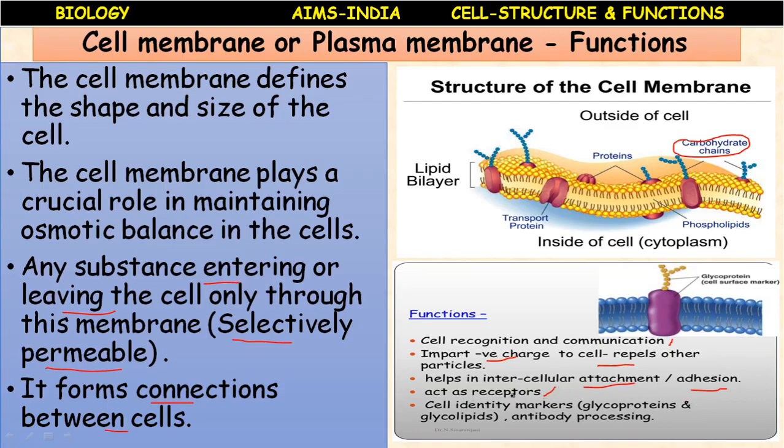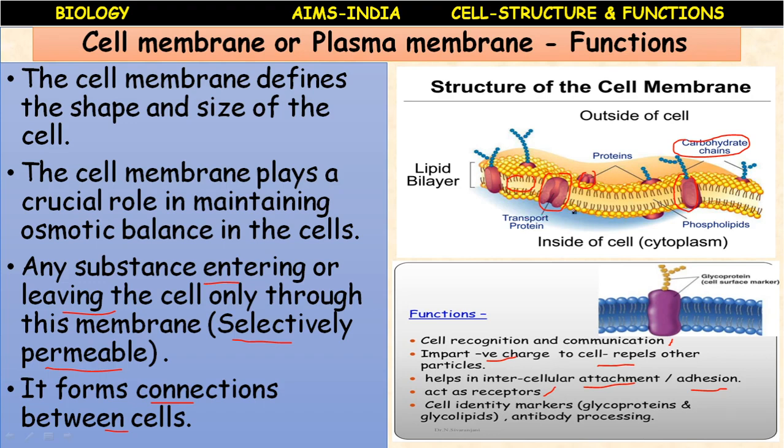Then cell identity markers. Particularly these proteins, these brown colored structures, are glycoproteins. That's why carbohydrates are attached to them, and that's why they are called glycoproteins. And glycolipids. These lipids are glycolipids.